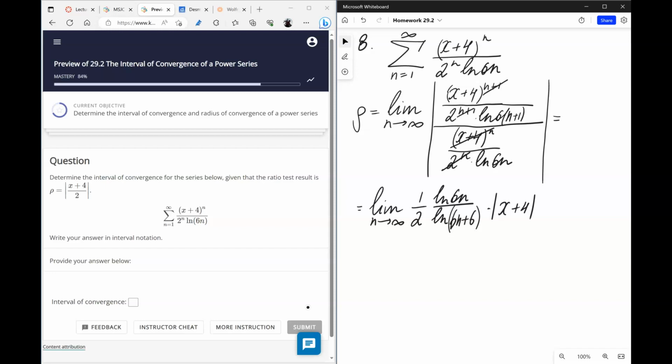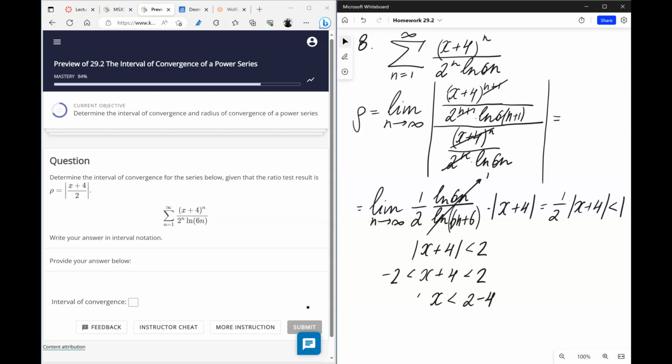And what the hint tells us is that this goes to 1. So using the hint, we can skip all the steps and just jump right into solving this inequality. To solve this inequality, we multiply both sides by 2. And we solve it as we normally solve this type of absolute value inequalities.